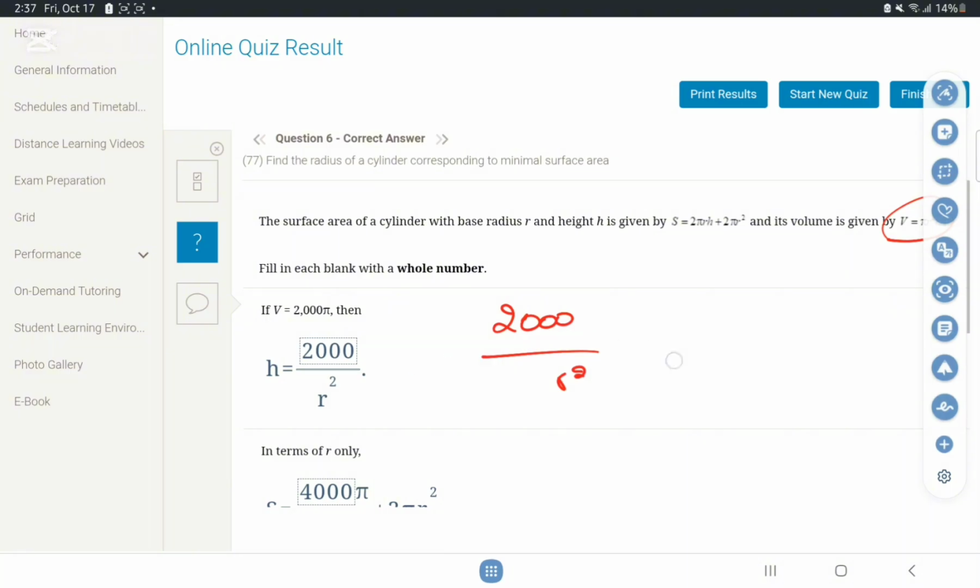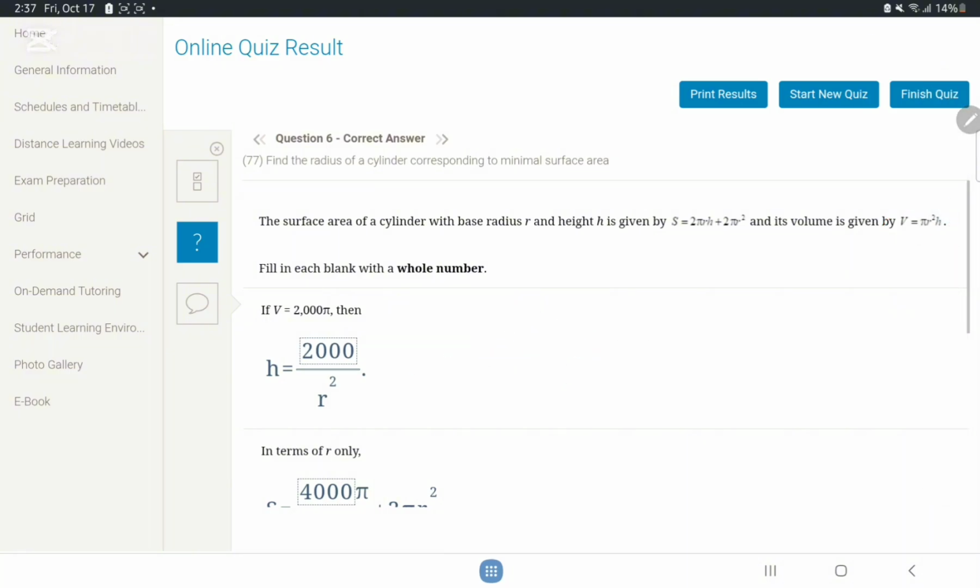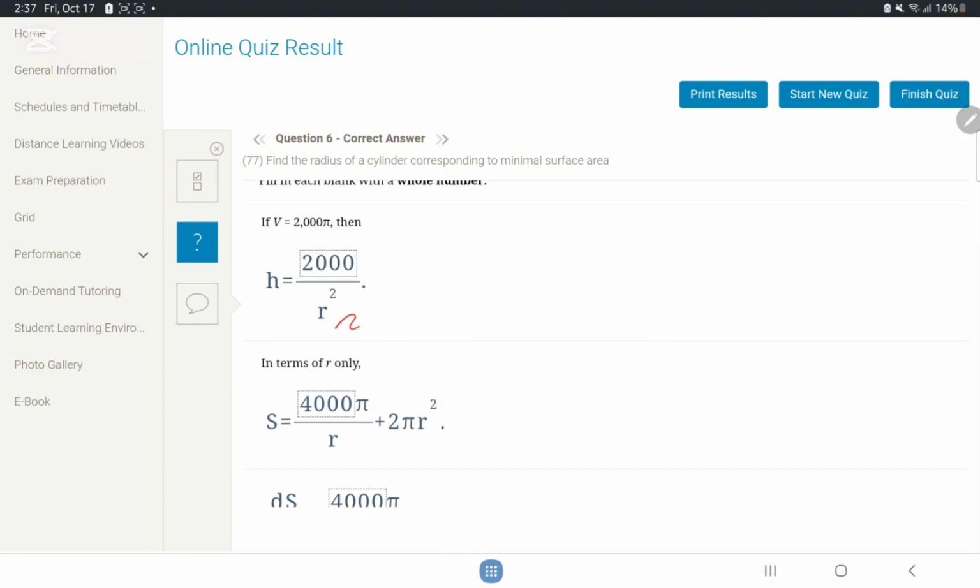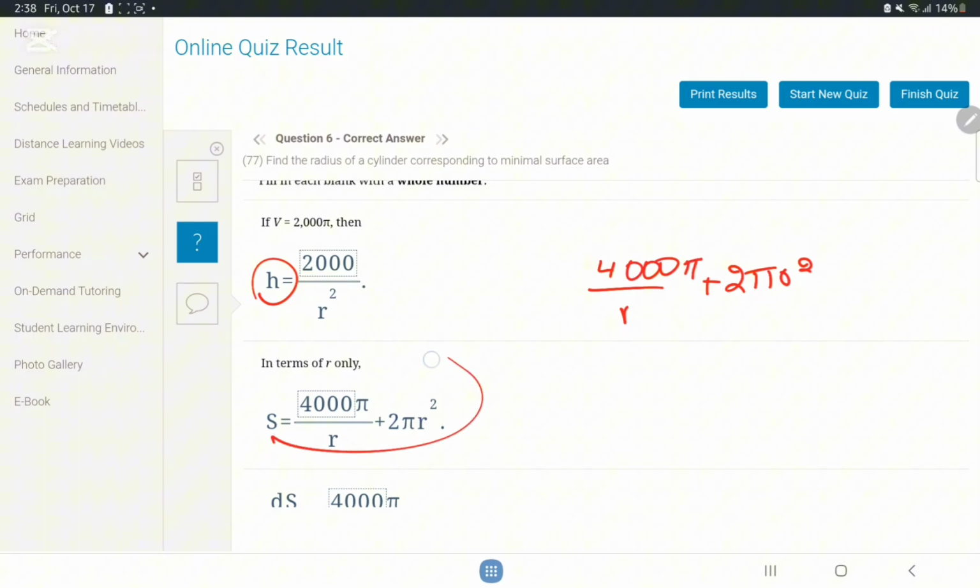Now that you have the height, find the surface area in terms of height. So the surface area of the cylinder is 2 pi r times the height, so times 2000 over r squared plus 2 pi r squared. R cancels out here, so you'll be left with 1. 2 times 2000 will be 4000, so 4000 pi over r plus 2 pi r squared will get you this.